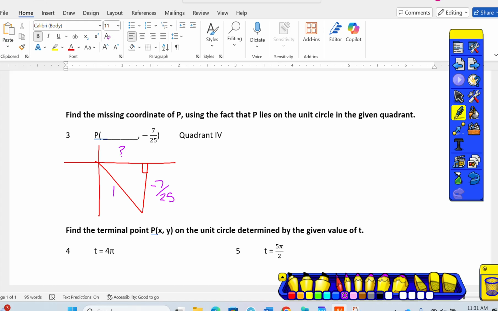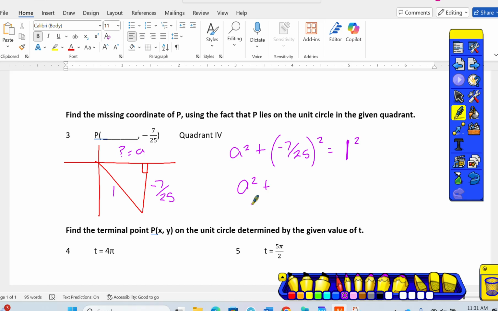So I'm going to plug into my Pythagorean theorem. I'll call this side A. So a squared plus b squared equals c squared. I'm pretty sure that's 625.